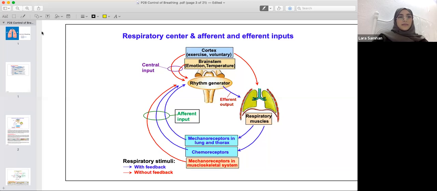Now, talking about the physiology of inspiration and expiration, inspiration is an active process where we use our breathing muscles, which are the diaphragm and the external intercostal muscle, compared to the expiration, which is a passive process. We don't usually use any of the muscles compared to the inspiration. So for inspiration, it's an active process.